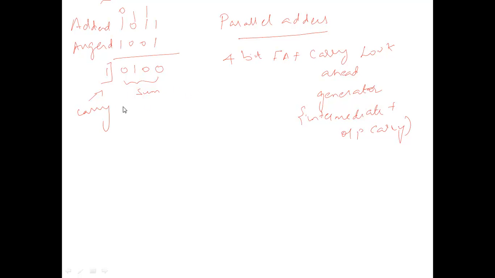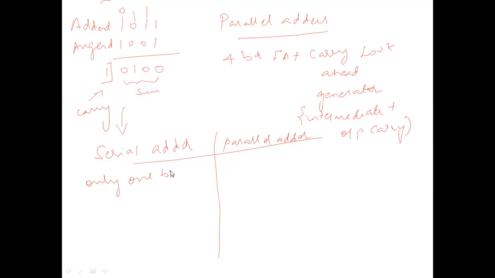Okay, so this is what exactly we are going to do in serial adder, and what you have studied earlier is the parallel adder. So you need to first understand the difference between serial adder and parallel adder. In serial adder, only one bit addition at a time. But in parallel adder, simultaneous addition, not one bit.